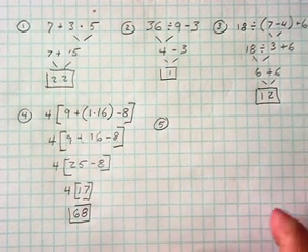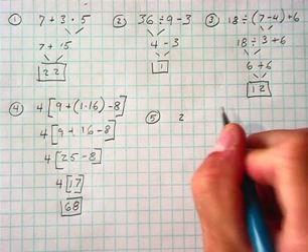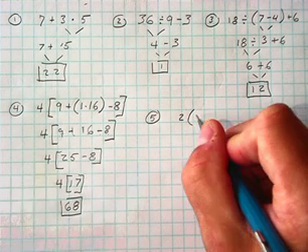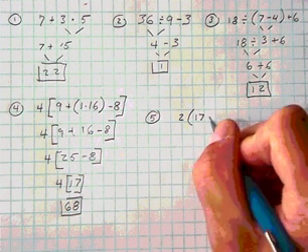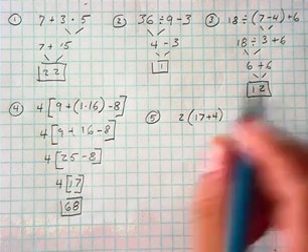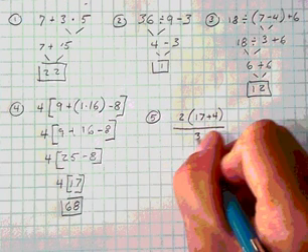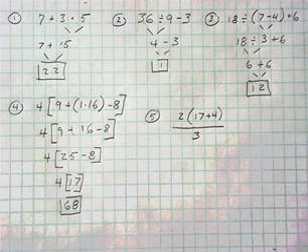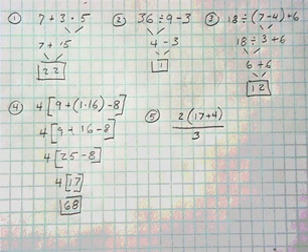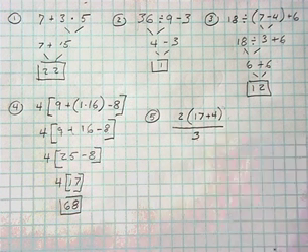Last example. We were just done with that problem. Last one. This one's going to have a fraction in it. Fraction and parentheses. So all of this is being divided by 3.